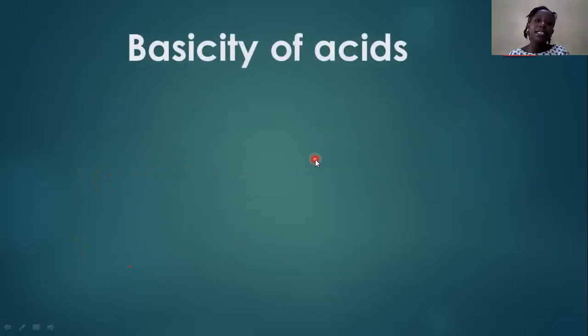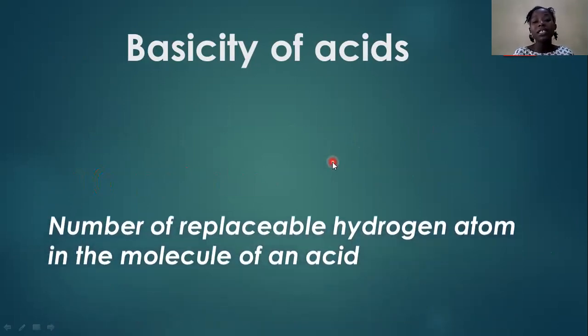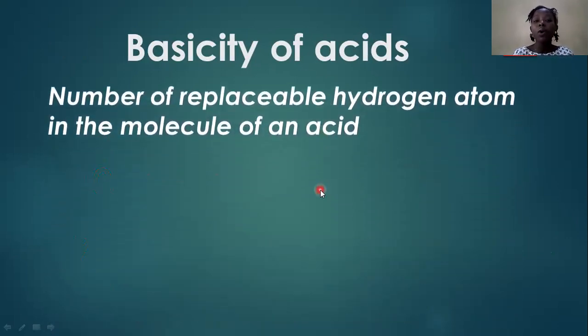So next, let's look at basicity of acid. The definition of basicity is the number of replaceable hydrogen atoms in the molecule of an acid. Remember when I was explaining the definition of acid, I said that an acid will ionize to produce hydrogen ion, which now combines with a water molecule to give you the hydronium ion.